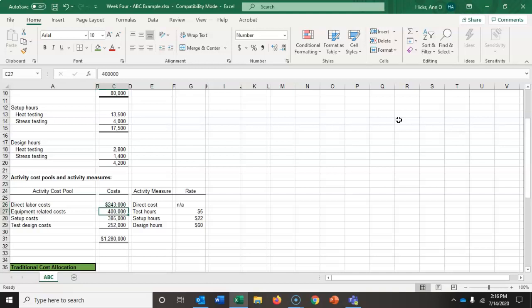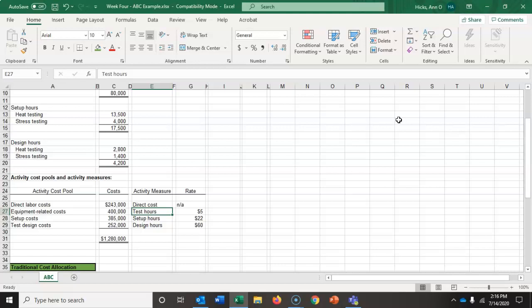Then we took the rest of the costs and said, okay, $400,000 of that $1,280,000 is related to the running of equipment, rent, maintenance, energy, that type of thing. And so it is appropriate to allocate that cost based on the number of test hours.